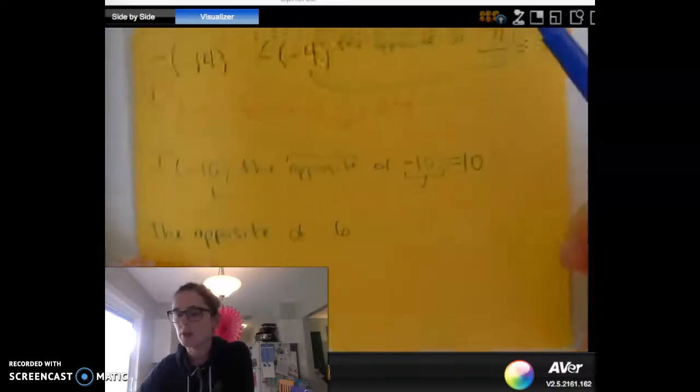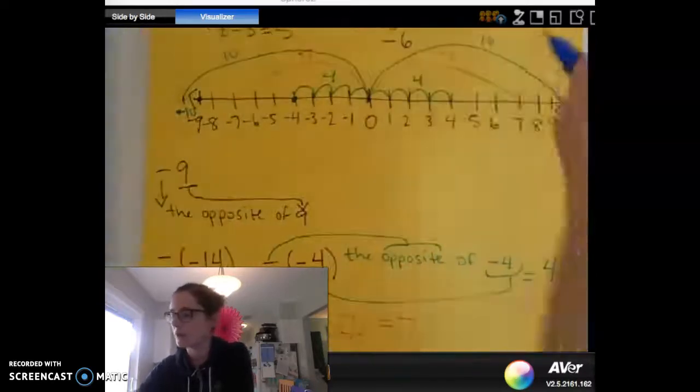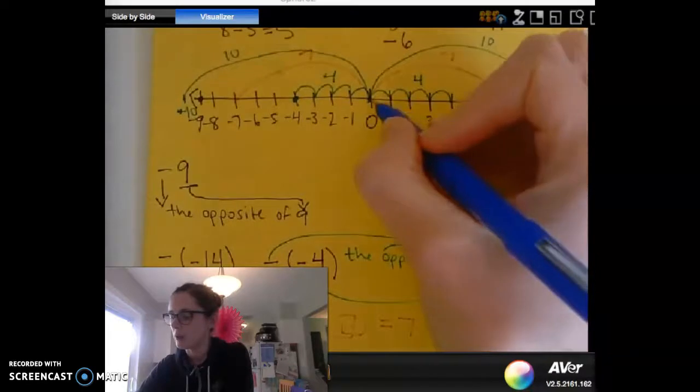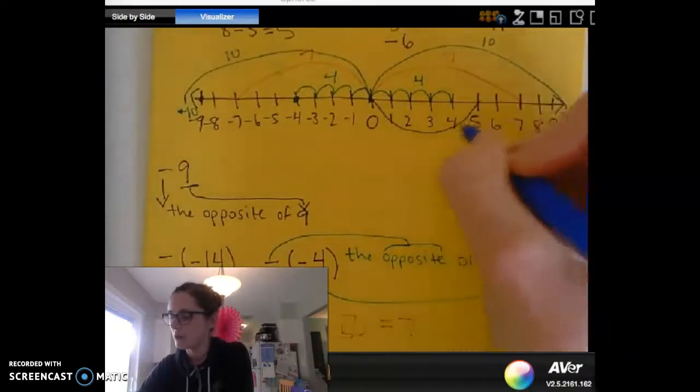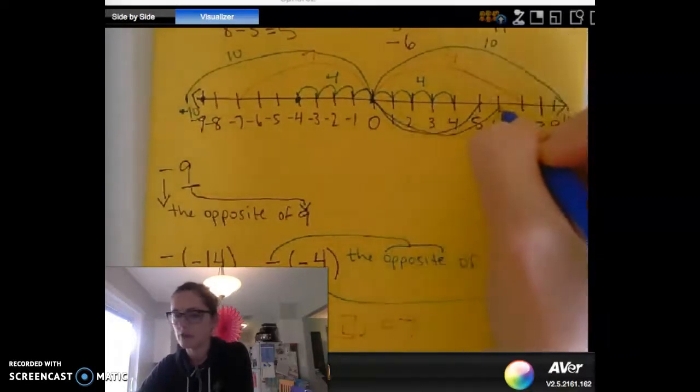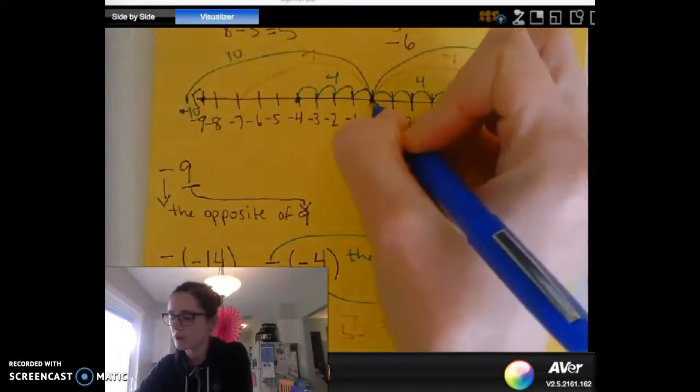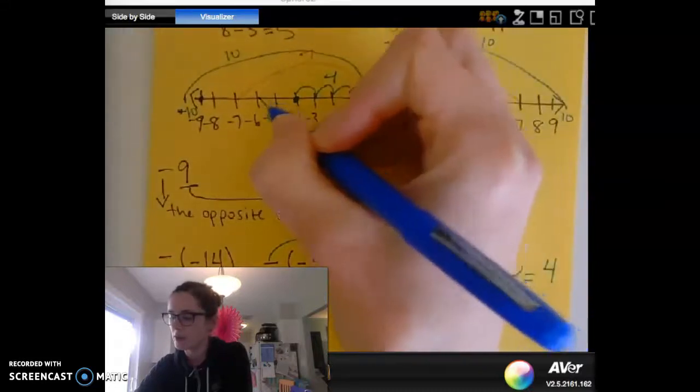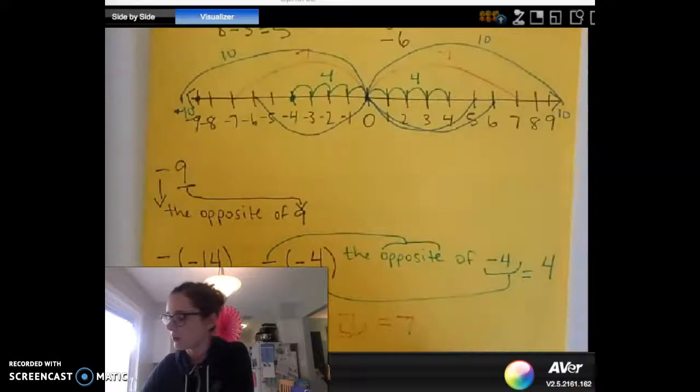So the opposite of 6 is going to be negative 6.